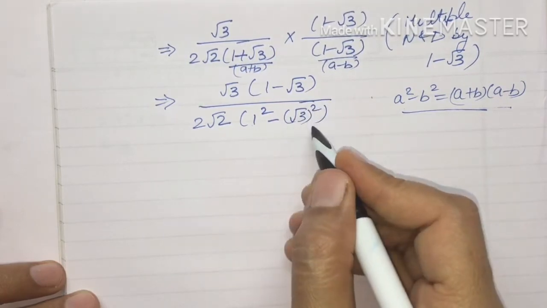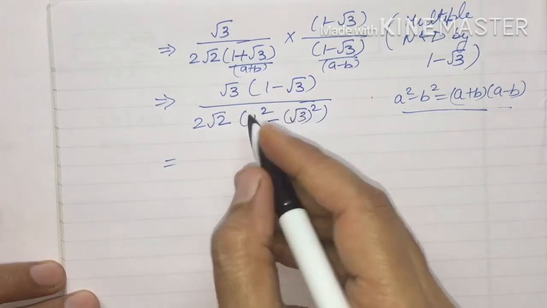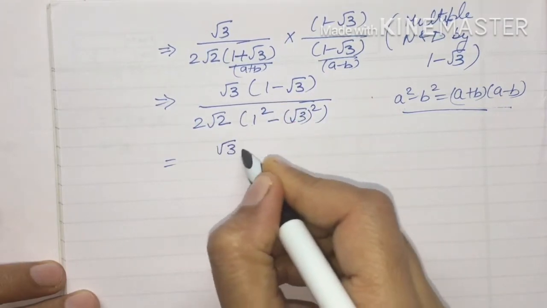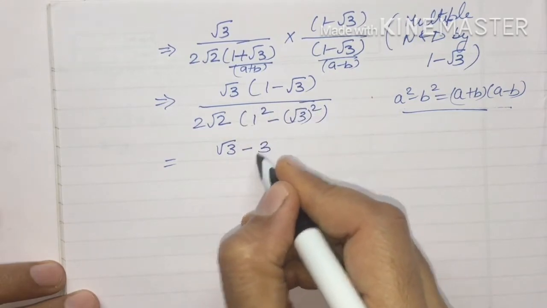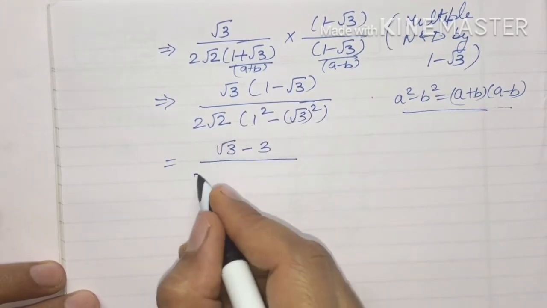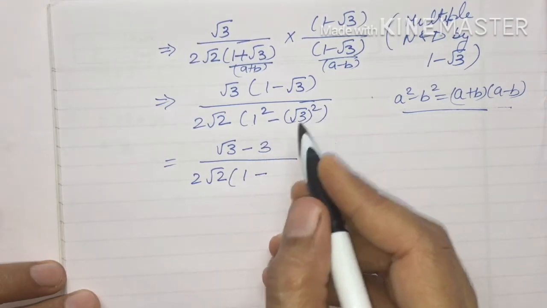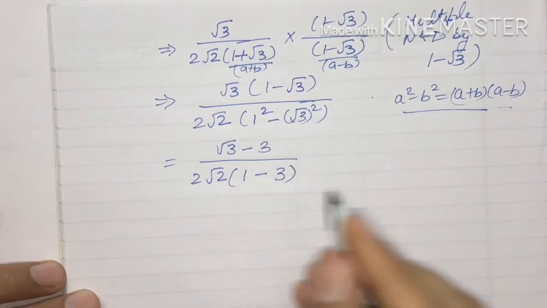The square of 1 minus the square of root 3 will be 3.